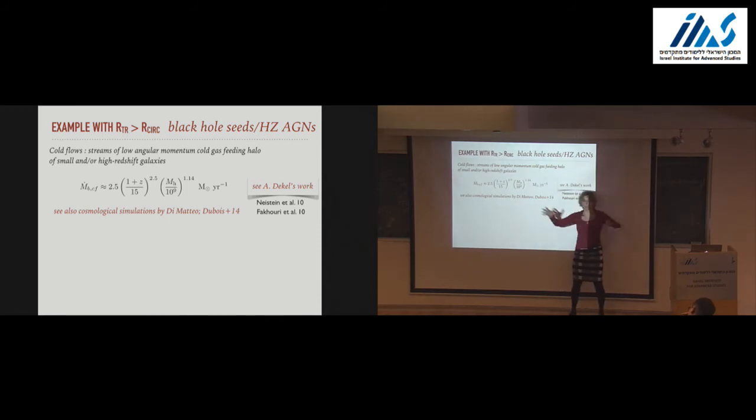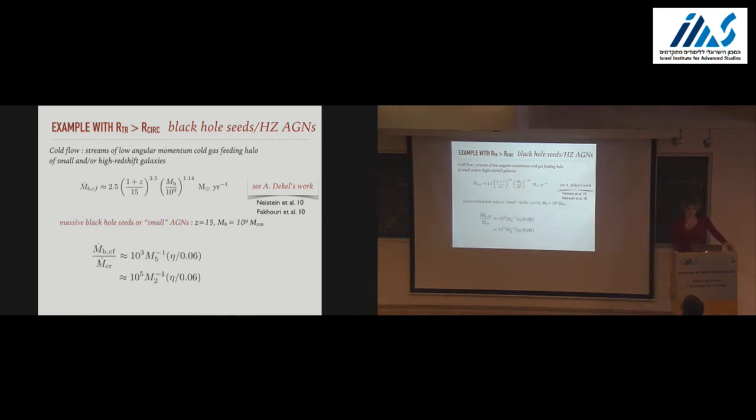And let's imagine that you are creating these proto-galaxies, and at the same time a small black hole sits in the center, and you can funnel somehow all this material down the potential well. Then this accretion rate corresponds to 10 to the 3 times the critical value for a black hole of 10 to the 5, or 100 times the critical value for a black hole mass of 10 to the 6.